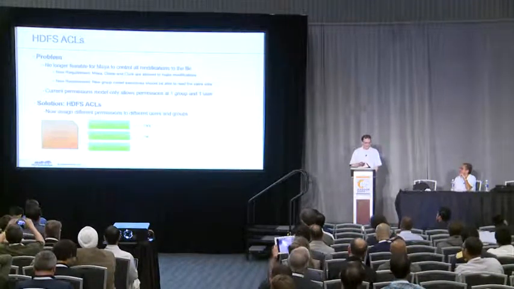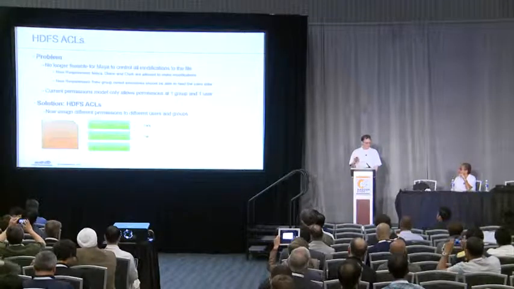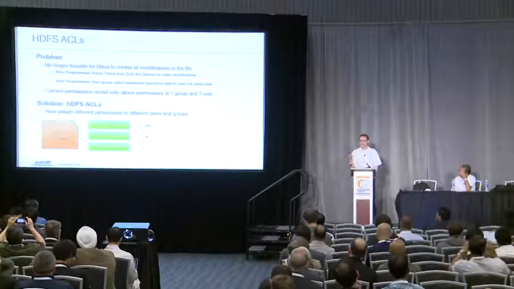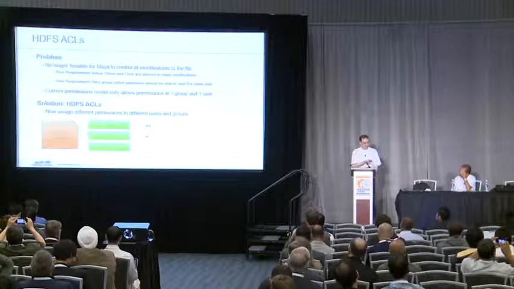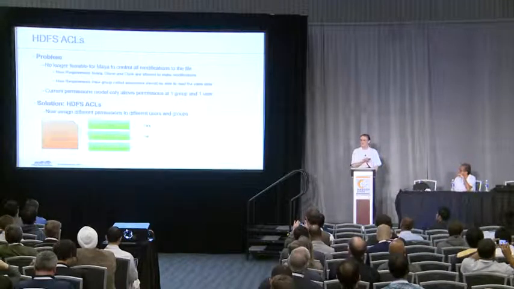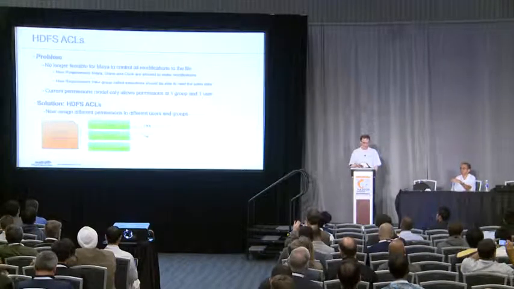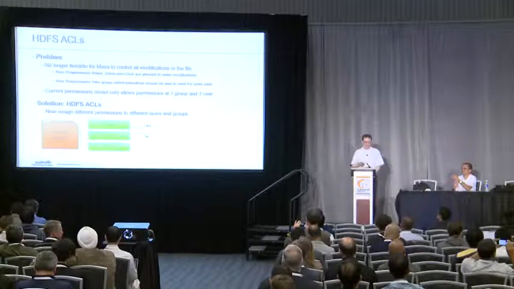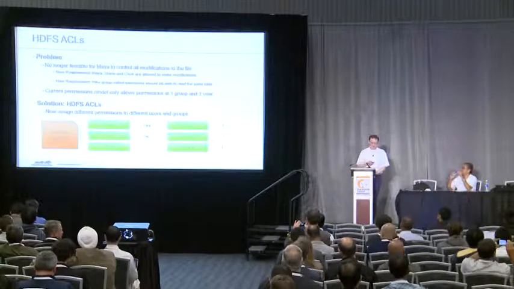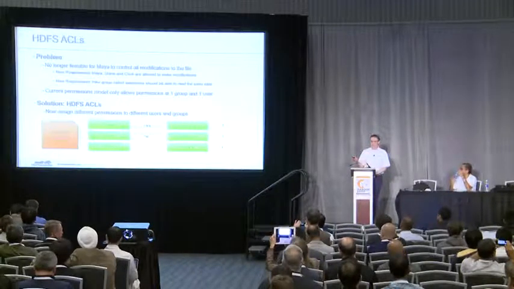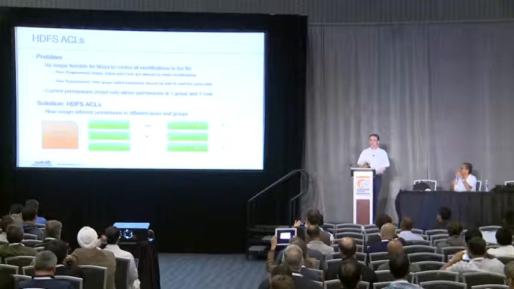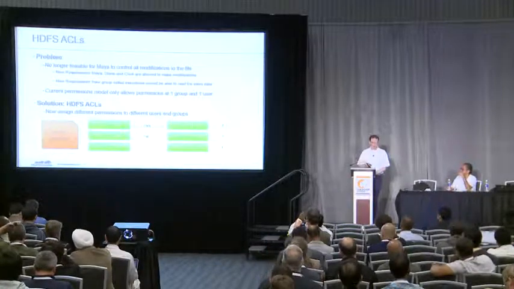So looking at that, I mentioned that ACLs are a superset of permissions. So we still have that traditional permission model here. We have an owner, we have a group, we have others. But additionally, we can say group D can read, group F can read, and specific user Y also can read.